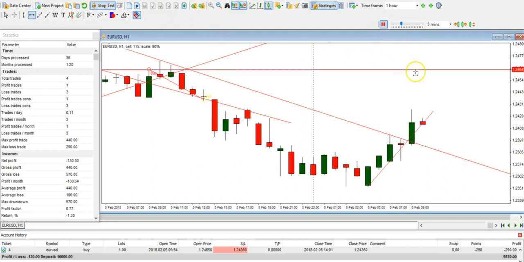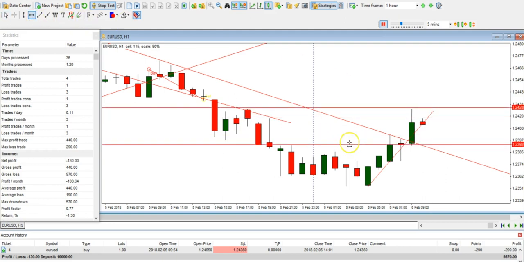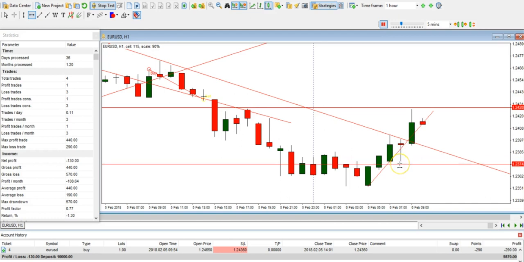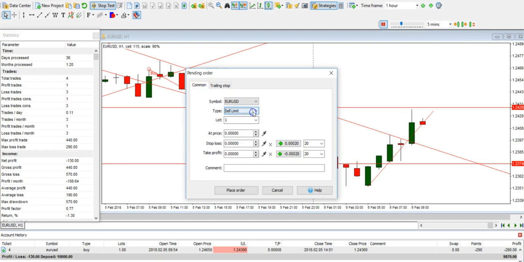Okay, so we've got a buy. There, and we've got a stop loss there. So let's see what it'll let us do. Market order. Orders. New pending order. Buy limit, 1 lot, price 1.2480.